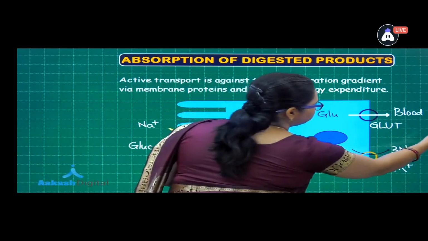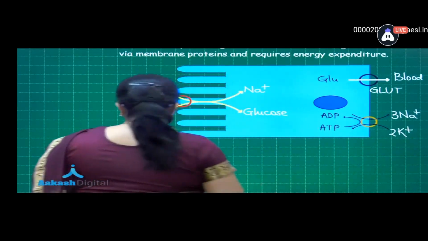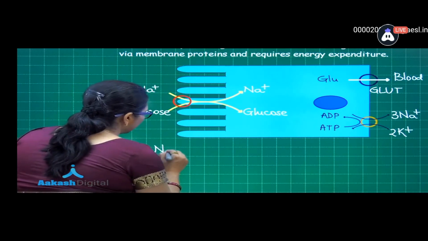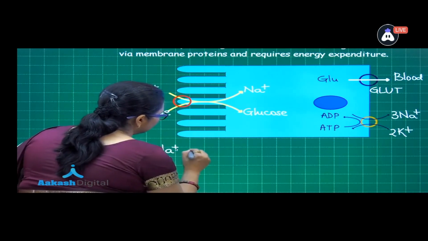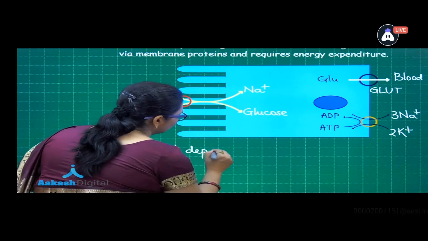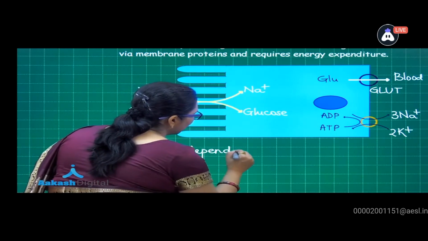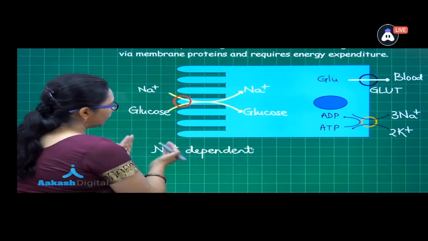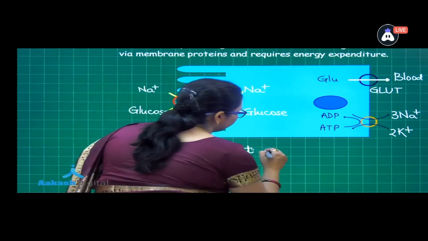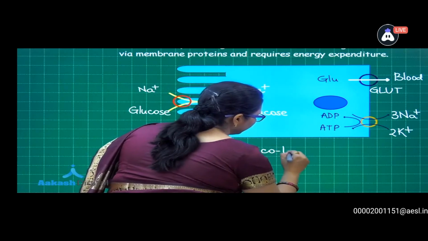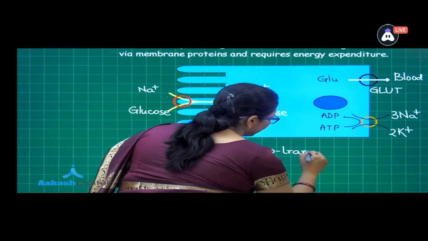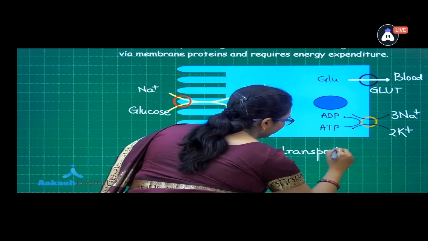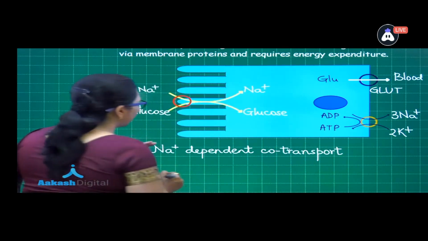So this type of process that is taking place is sodium dependent co-transport, because 2 substances are being transported together, and that is depending on the concentration of Na. And what all substances are absorbed in this manner?